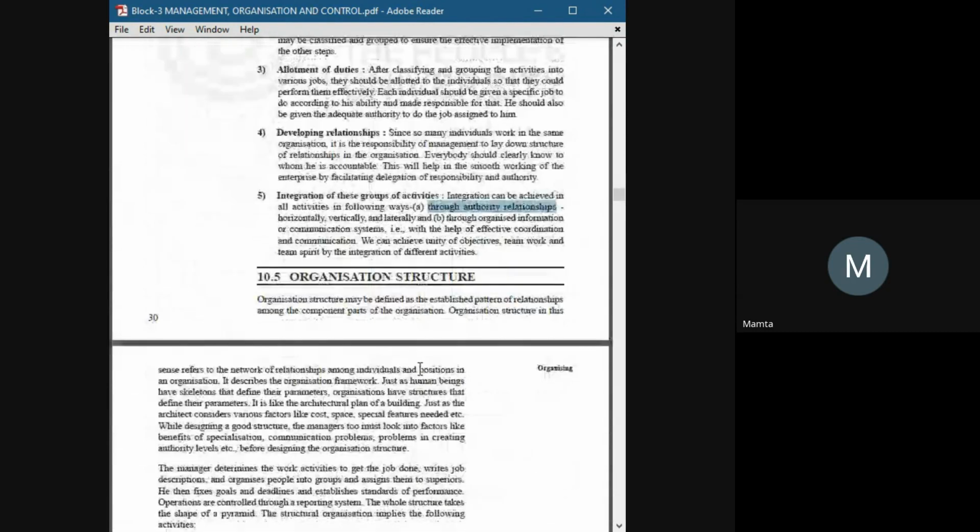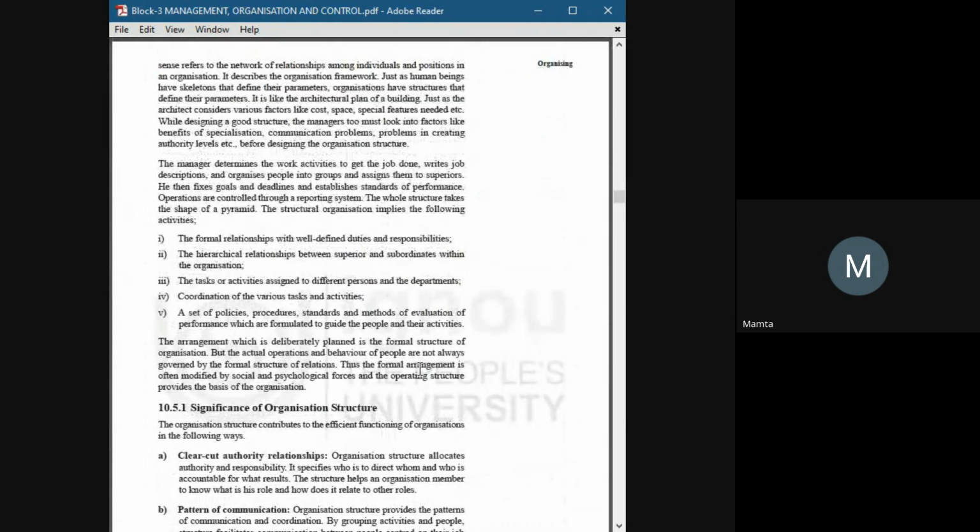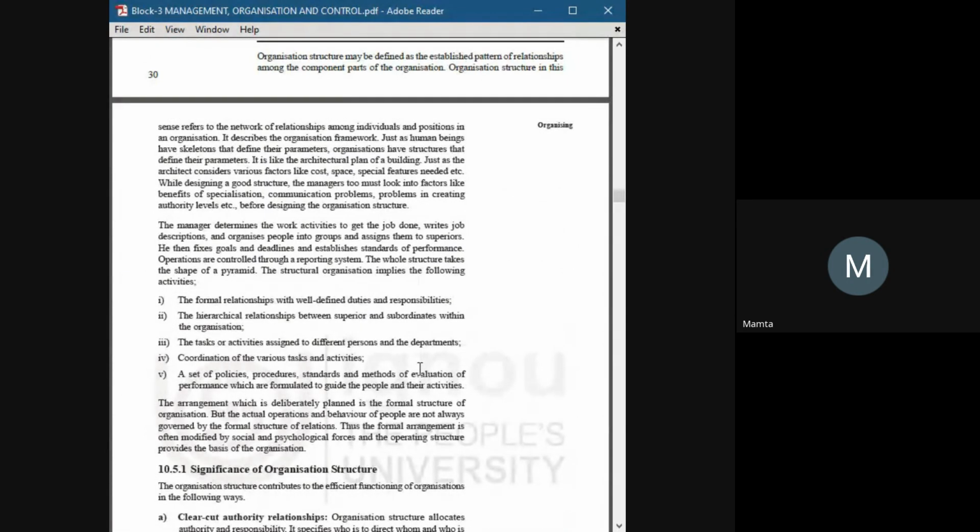Moving further to the organization structure. Organization structure may be defined as an established pattern of relationship among the component parts of the organization. Organization structure in this sense refers to the network of relationships among individuals and positions in an organization.